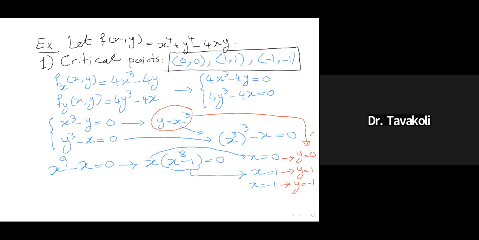So in part 2, for the same example, use the second derivative test to determine local max, local min, or saddle point.